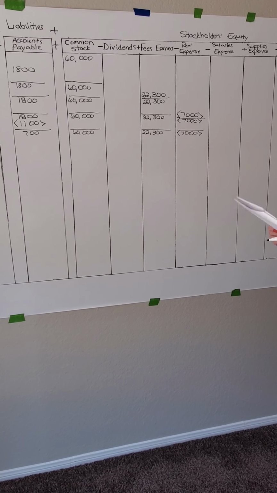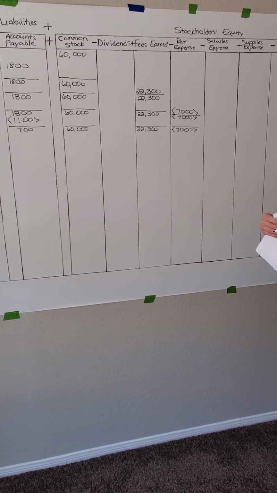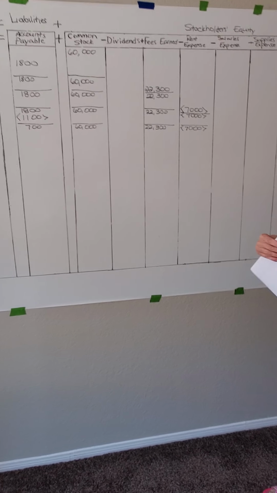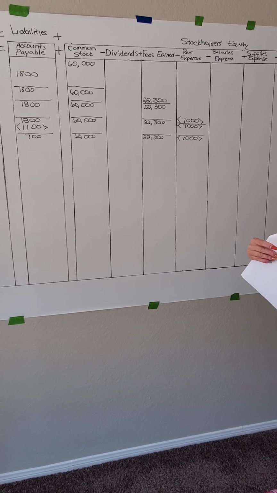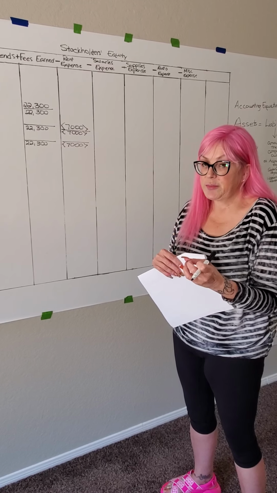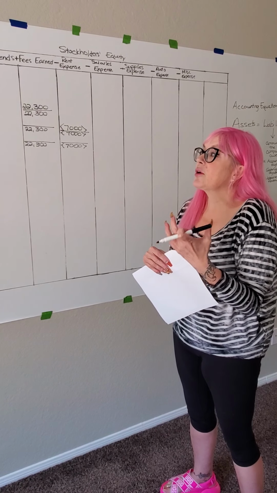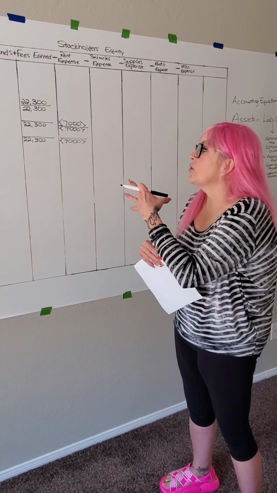So F, we billed customers for fees earned for managing rental property, $3,600. One of the things we learn about in this class is the revenue recognition principle, which is that we recognize revenue when it's earned, not when it's paid. So even though the client hasn't paid me yet, I'm going to show that I've earned those fees.